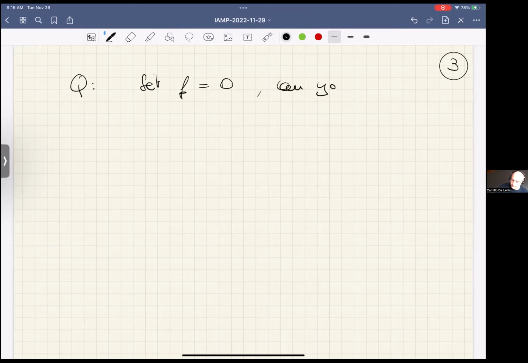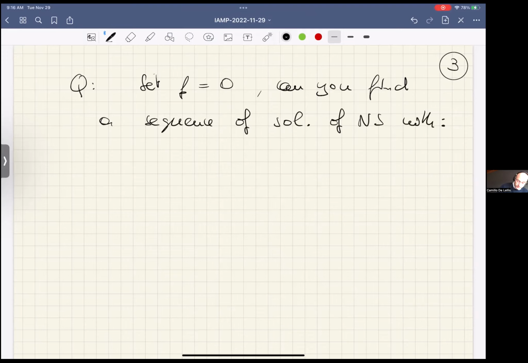So can you find, say, even just a sequence of solutions of Navier-Stokes with the following property? If I really want to follow what Kolmogorov is doing, I need a sequence of initial data with reasonable bounds.